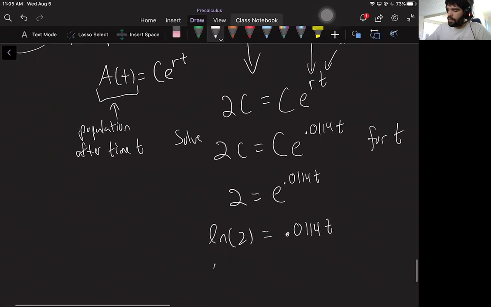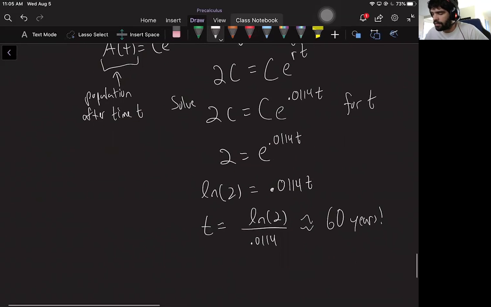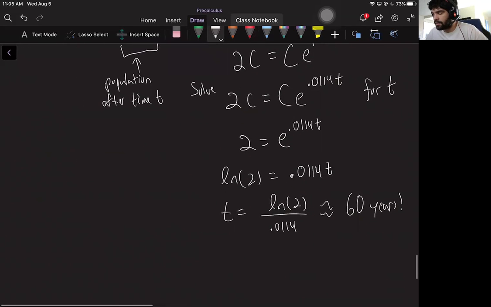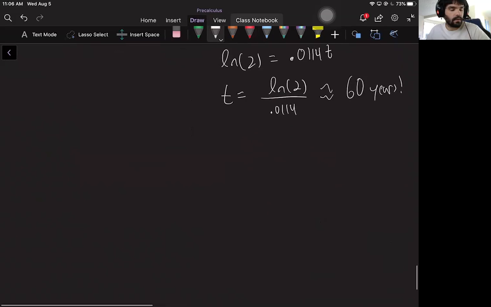And then to solve for t, I just have to divide. If you plug this into a calculator, this will be roughly 60 years. So it only takes 60 years for the population to double. Not too long. And again, it doesn't even depend on c. It doesn't matter what c was because I didn't even need to know what c was. It still worked.